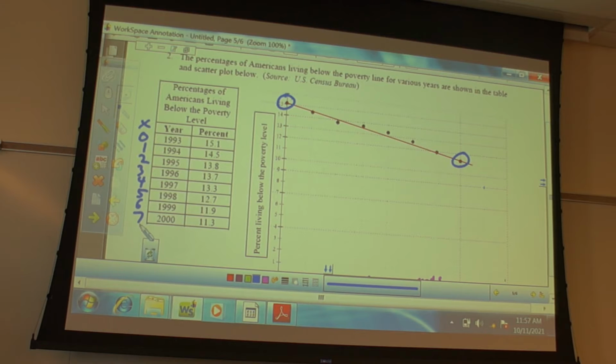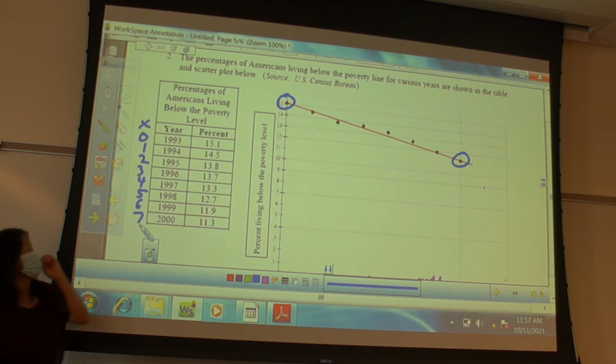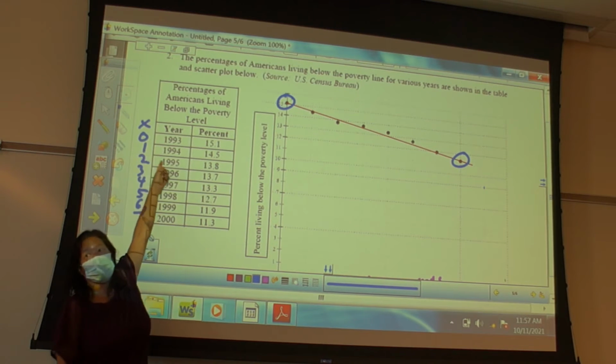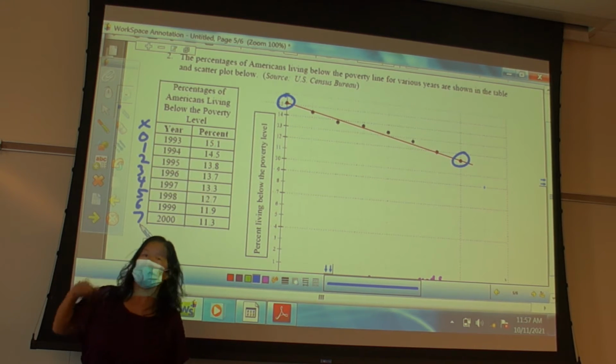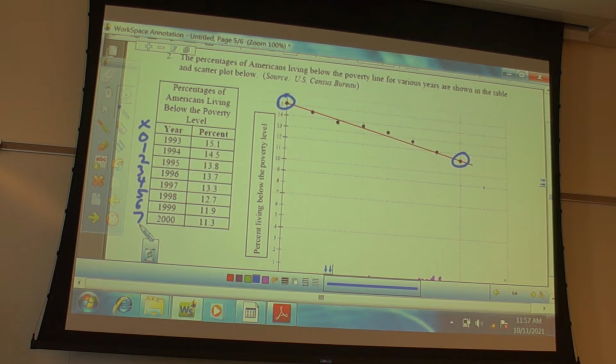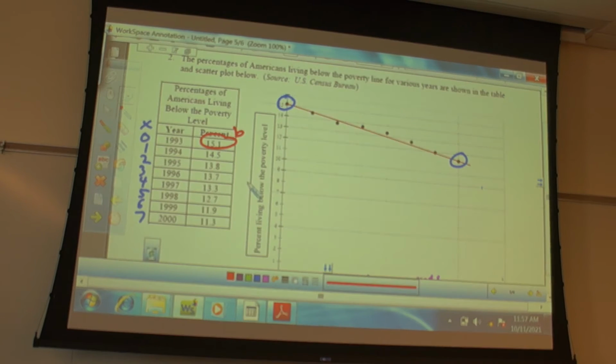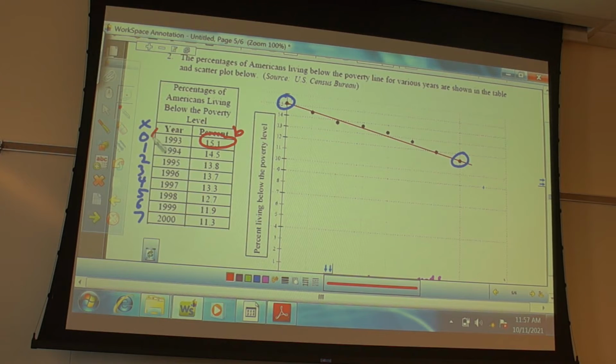Remember, the b is your y-intercept. It's what y is when x is 0. So if I make this x 0, then all of a sudden, boom, 15.1, that's my b. That's one of the advantages. That makes it easier.